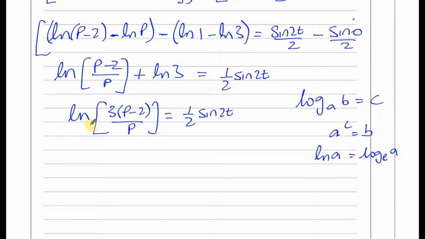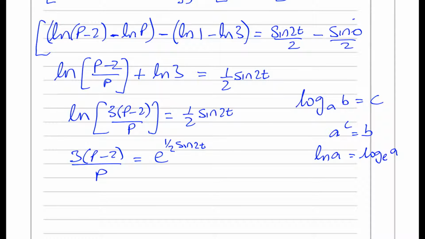So this can be rewritten as 3 times p minus 2 over p is equal to e to the power of a half sine 2t. So that's the base, that's the power, that's the result. So e to the power of a half sine 2t is equal to 3 times p minus 2 over p.